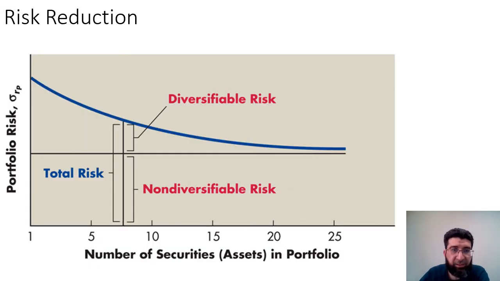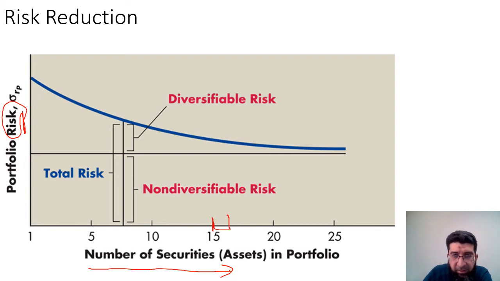Now you can see in this graph that we have the risk on the y-axis. This is falling as the number of securities on the x-axis increases. So at around 15, I would say this is the area where the risk is reduced to an optimum level. So investing in 15 or 18 or 20, let's say 20 assets.